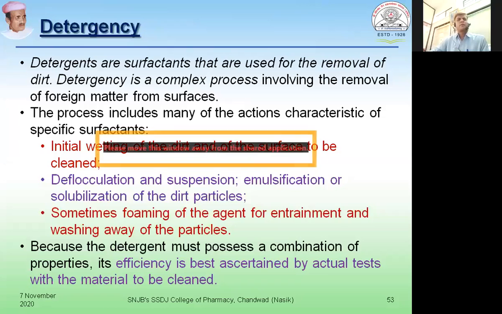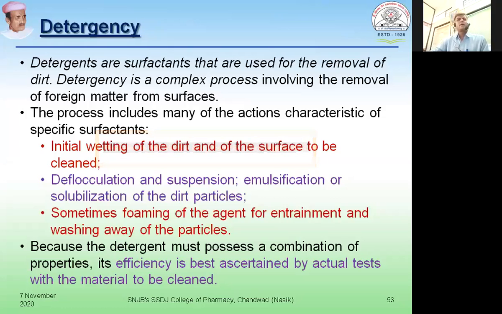So it is being said that detergent efficiency, if you want to ascertain, can actually be ascertained by using it and testing its efficiency. Even one detergent material has an ad with a tagline, "Pehle istemal kare, fir vishwas kare."